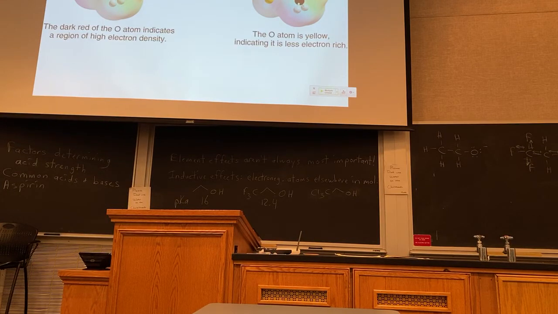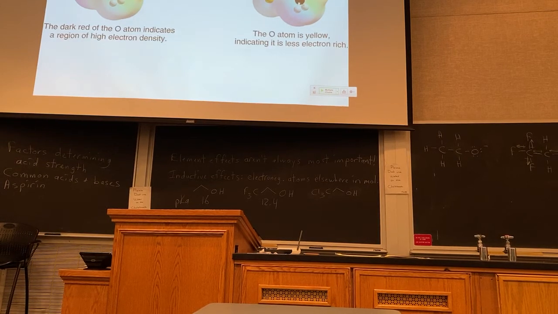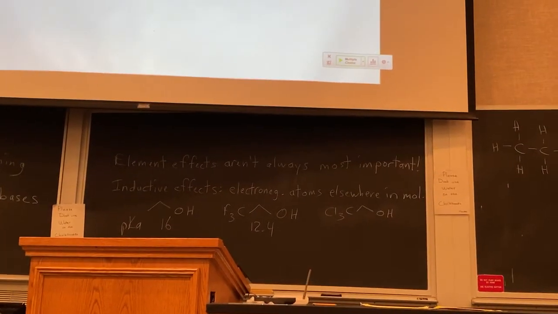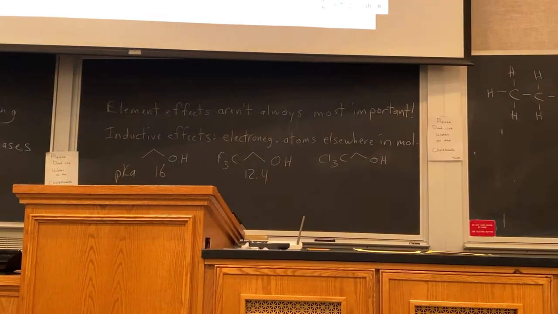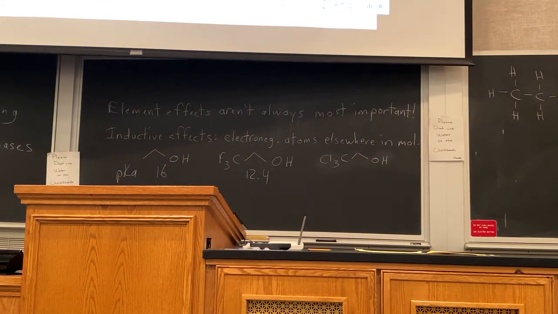Some of you probably thought that trichloroethanol would be a stronger acid because chlorine is bigger than fluorine. That's not correct, because you only consider the size of the atom if it is the atom attached to the acidic hydrogen. In this case, it is not. It is elsewhere in the molecule. So all you consider is the electronegativity.